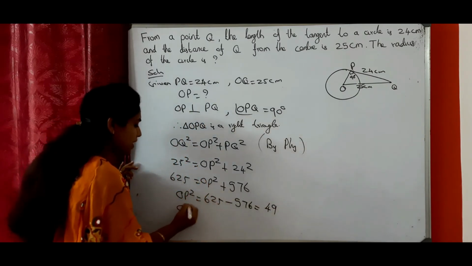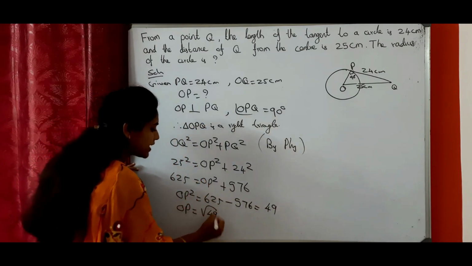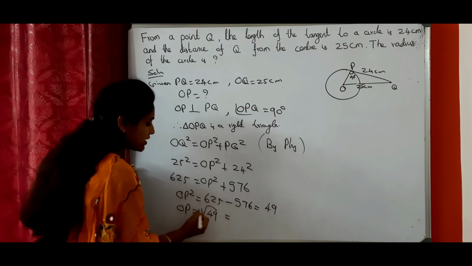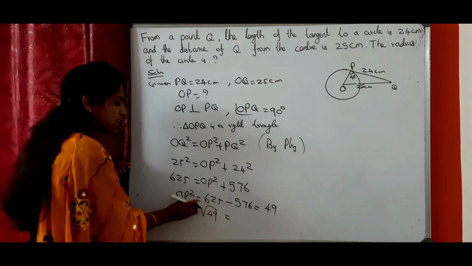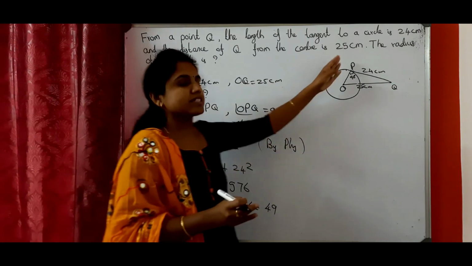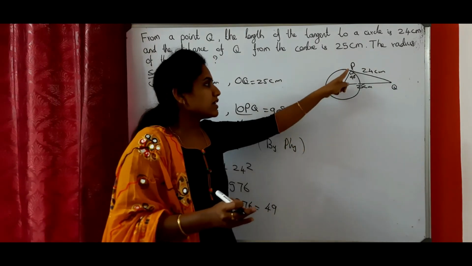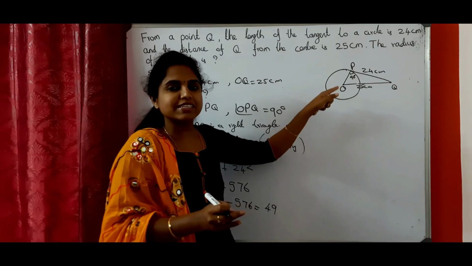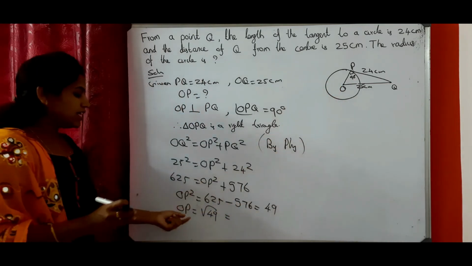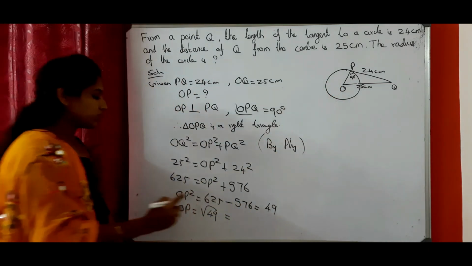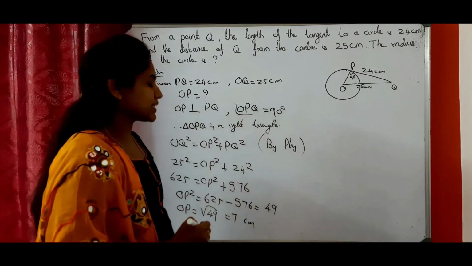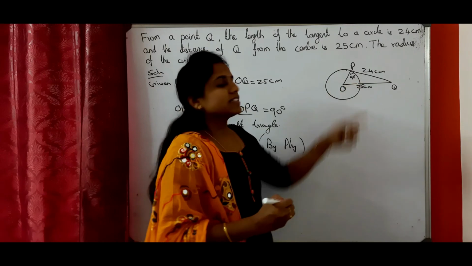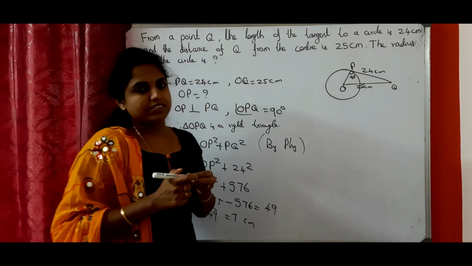So OP equals root of 49, actually we will get plus or minus. We need to consider only plus, right? Why only plus? OP is a side of the triangle, which is the radius of the circle. We will consider the positive value only. So root 49 value is 7 centimeters. Therefore the radius of the circle, OP, equals 7 centimeters. Thank you, students.